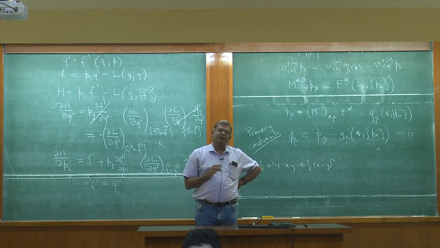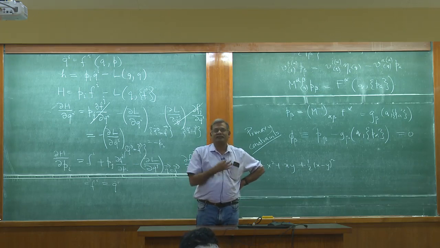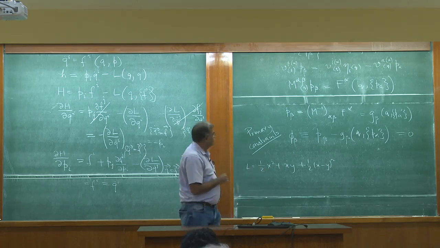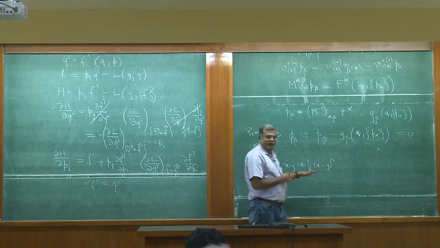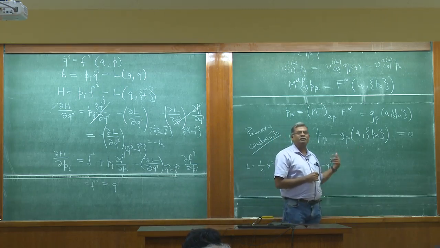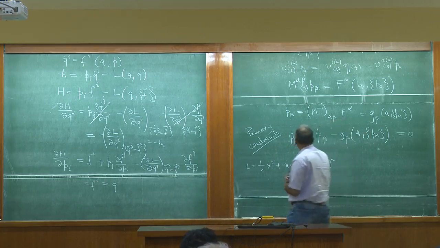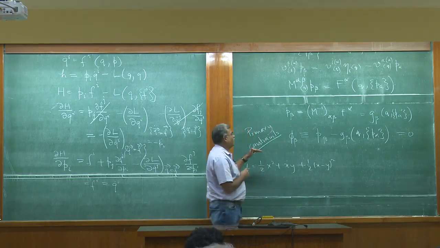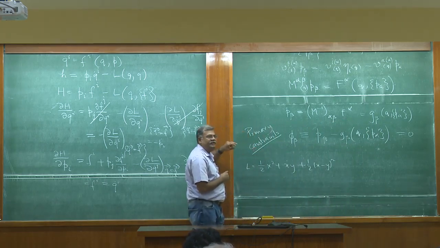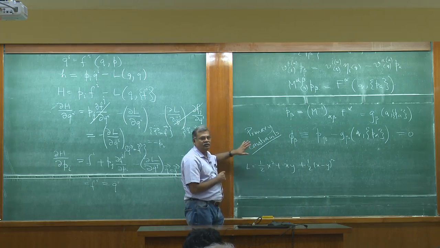But py turns out to be 0, which is of course a constraint. There the function g alpha is very simple, the function is just 0. Okay? So this was a particularly simple example, but it could have more complicated connections between the p's. Okay? But you will always get primary constraints, and the thing to note is these constraints don't depend on equations of motion or anything. They come directly from the definition of how the momenta arrived at from the Lagrangian.